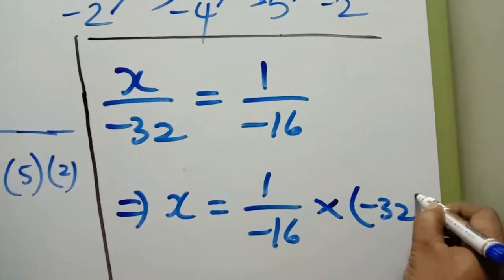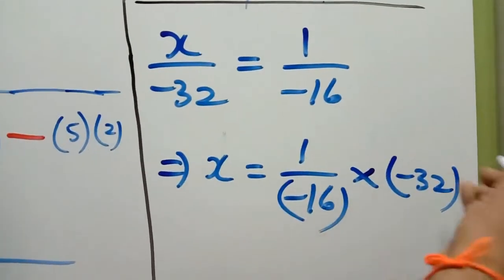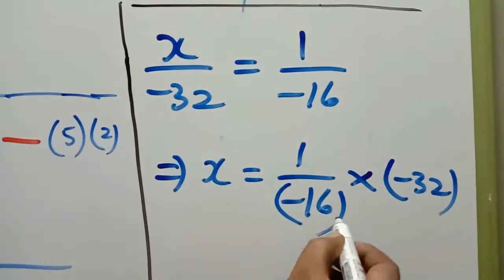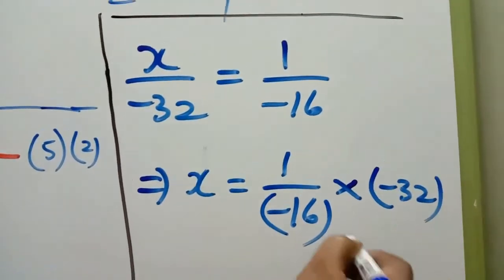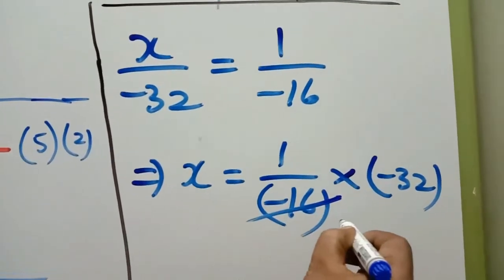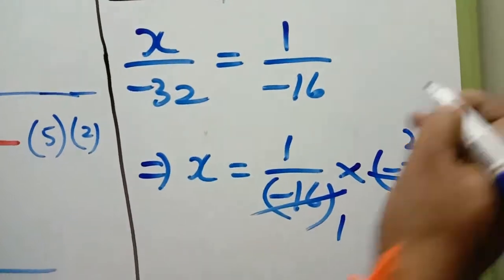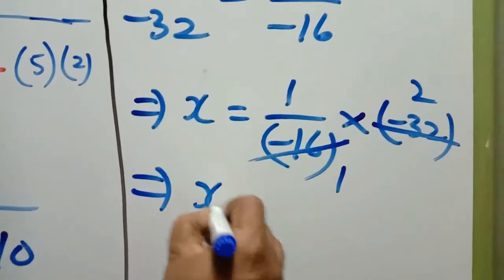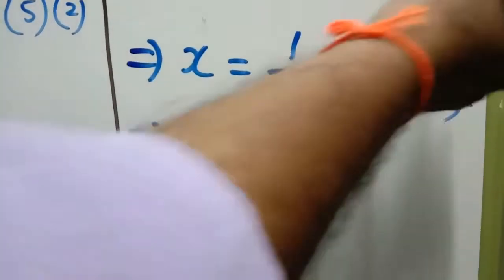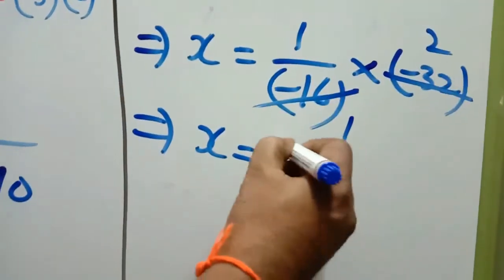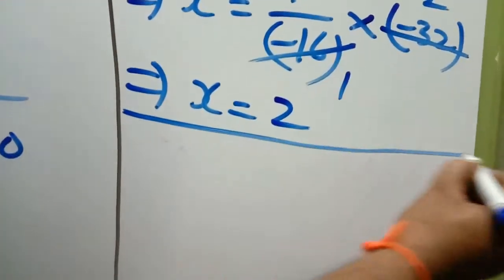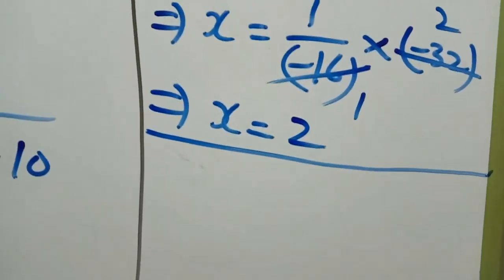This is minus 16, that is minus 32. Very simple, minus and minus will be cancelled. 16 table 1 time, 16 table 2 times. That implies x is equal to 1 by 1, is equal to 1, 1 into 2 is equal to 2. I got x is equal to 2.